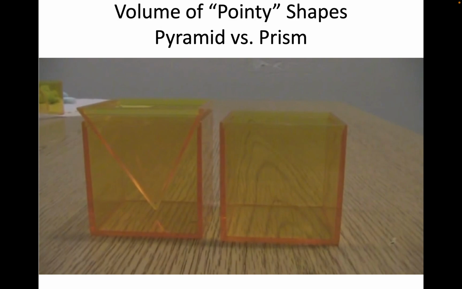So before we play this video, I want you to imagine how many of the pyramids are going to have to get filled up and poured in to totally fill in the prism. In other words, how much smaller is a pyramid than a prism if it has the exact same base and the exact same height? All right, so let's watch that movie and see.